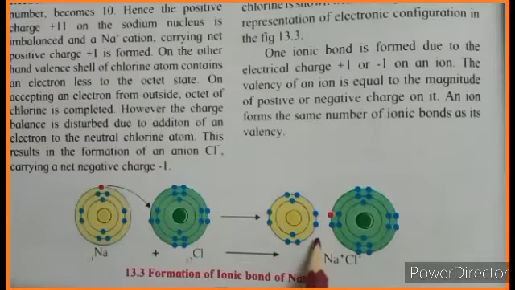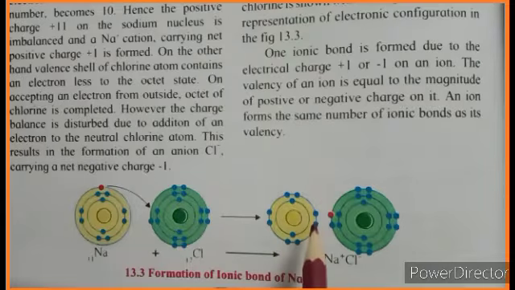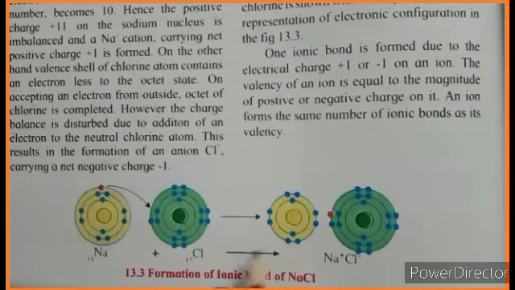So here sodium ion and chlorine ions are formed, and both of them get entangled with together, and both of them remain together as a molecule of sodium chloride. In this way, ionic bond between sodium and chlorine is formed.